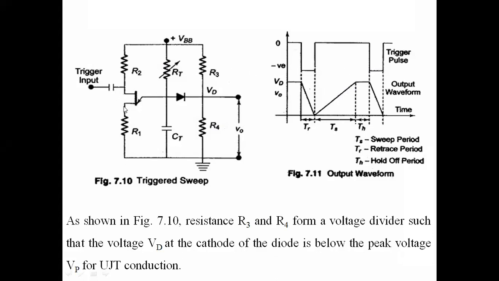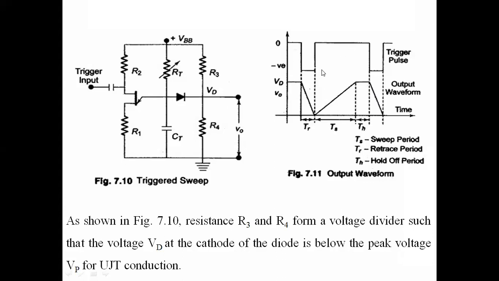Due to this negative trigger pulse, the peak value suddenly changes negatively, and the capacitor discharges, so there is a decrease in the output voltage. Like this, the cycle is produced.